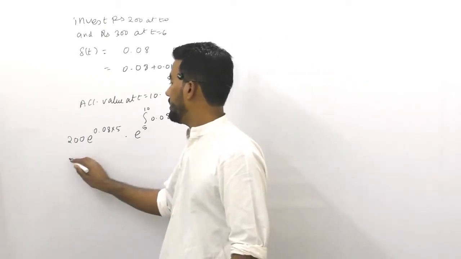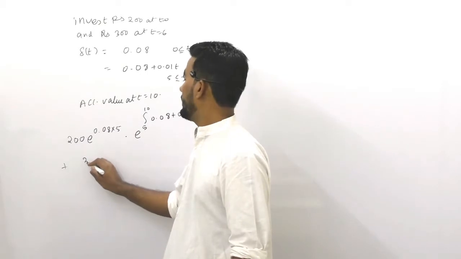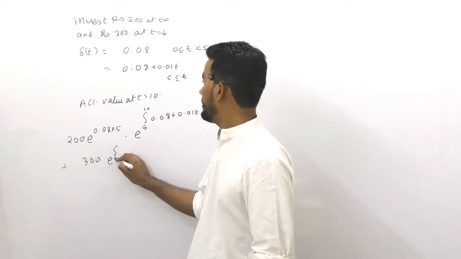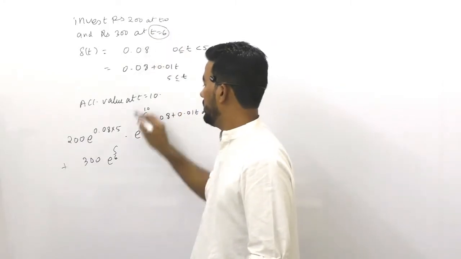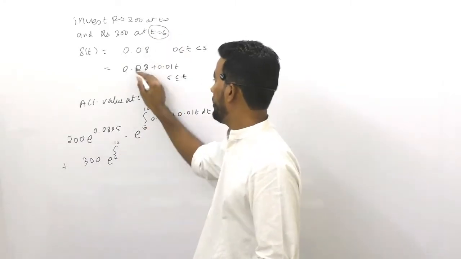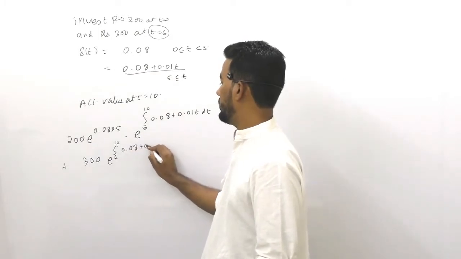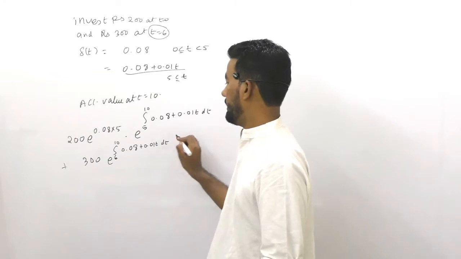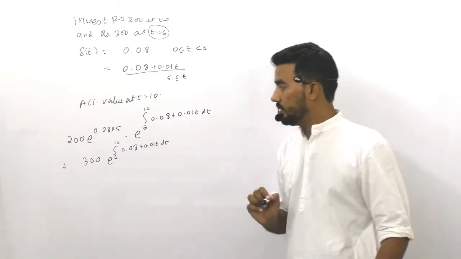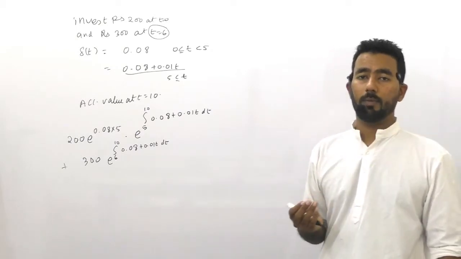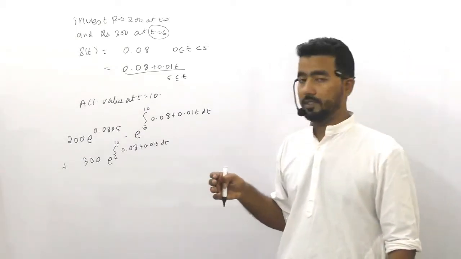And the second part, plus 300 e raised to, from time 6, since you're investing at time 6, from time 6 to time 10, we'll be using only this force of interest, 0.08 plus 0.01 t dt. The force of interest given from 0 to 5 will not be applicable because the investment itself happens at time 6.